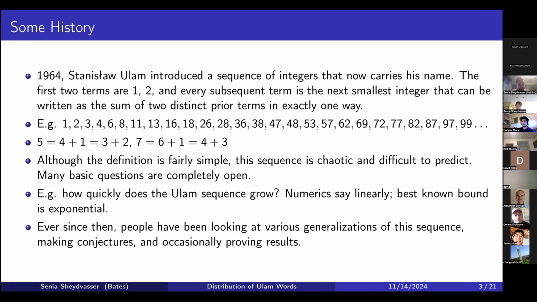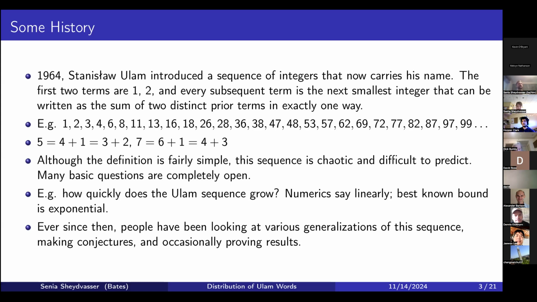And ever since Ulam described this in 1964, people have been looking at various generalizations. You can, for example, change what your starting numbers are. Instead of 1 and 2, make it say 2 and 5, whatever it is.